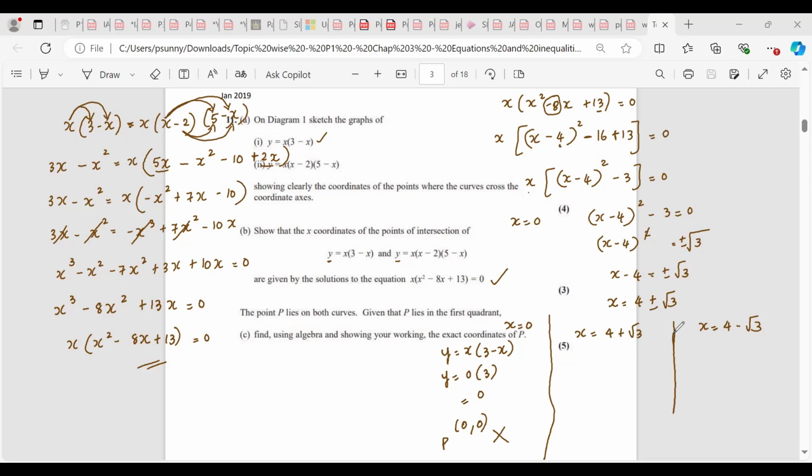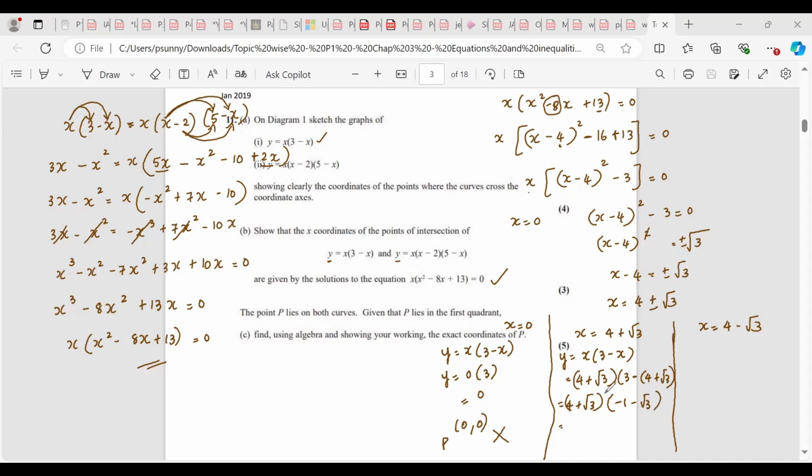Now let's try for 4 plus root 3. So we know y is equal to x into 3 minus x. So instead of x, here we have (4 plus root 3) into 3 minus (4 plus root 3). So this will be (4 plus root 3) into (3 minus 4), 3 minus 4 is minus 1, and then minus into plus is minus root 3.